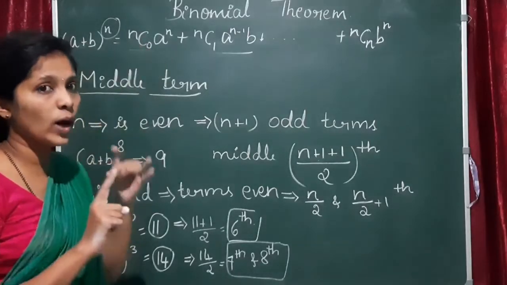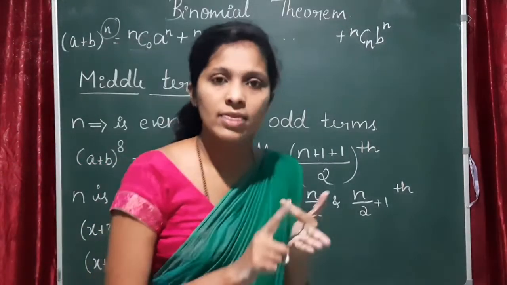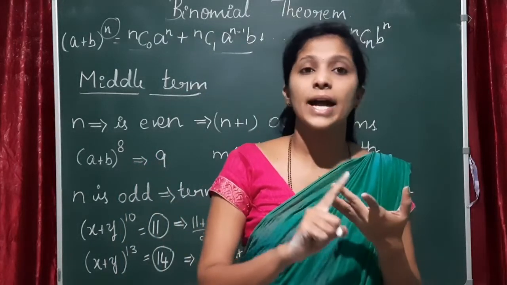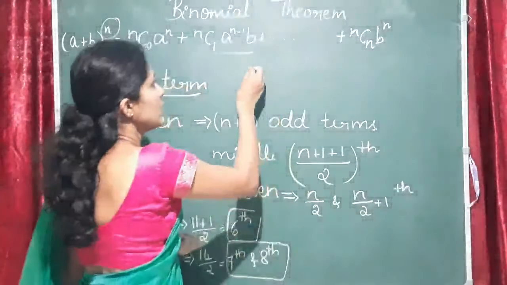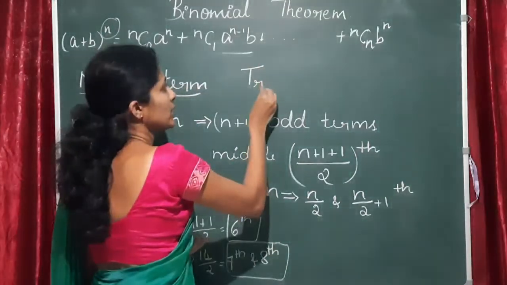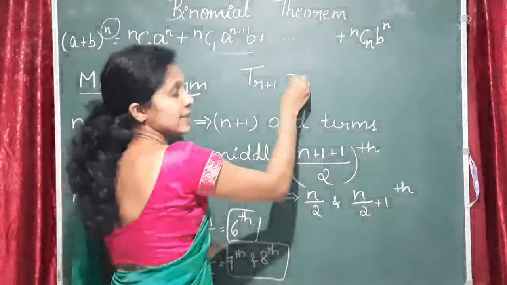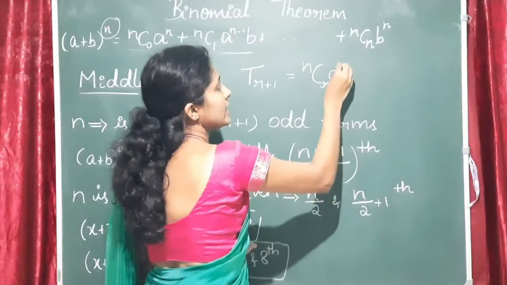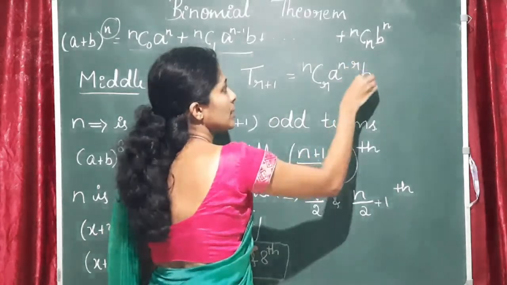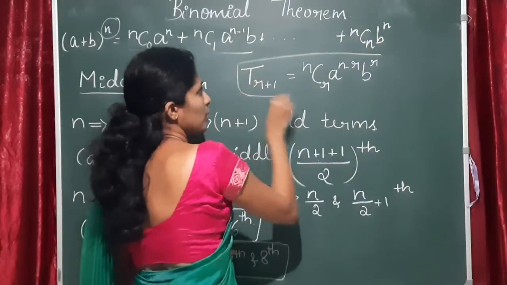Then (1 plus x) whole to the power n, that expansion is very important, and the expansion of 2 to the power n. Then the general term is given by, this is very important, T(r plus 1) is equal to nCr, a to the power n minus r, and b to the power r. So this is a very important one.